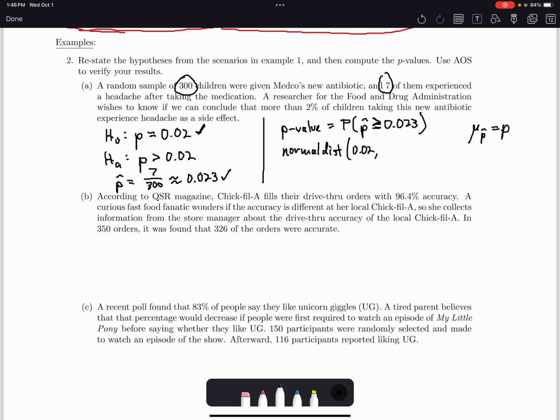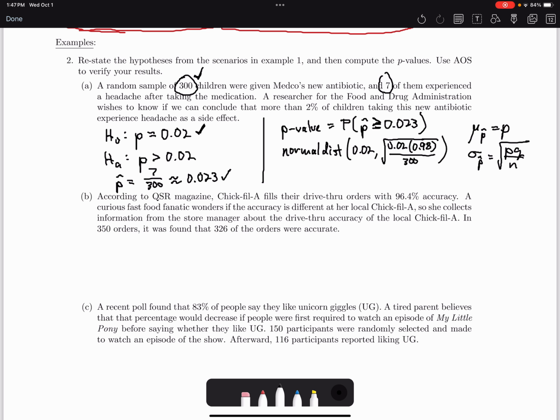And for the standard deviation, we'll use sigma sub p hat, which is the square root of pq over n. And once again, we're assuming that the null hypothesis is true. So p would be 0.02. Now, if p is 0.02, then q is 0.98, okay? Remember, q is always 1 minus p. And then we have to divide by n, our sample size, which we said a second ago was 300.